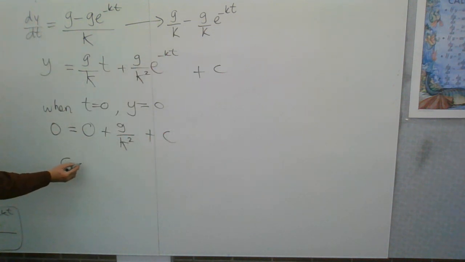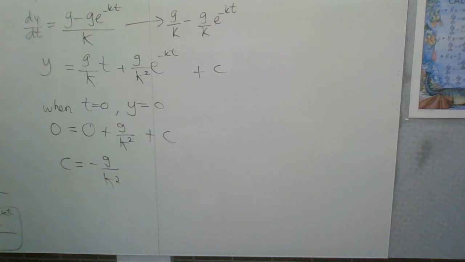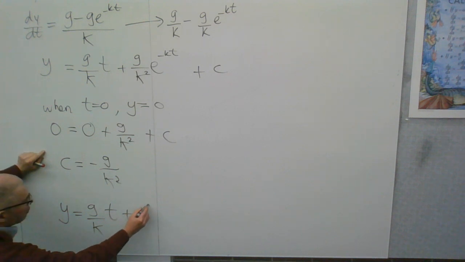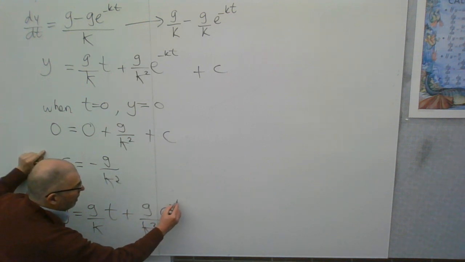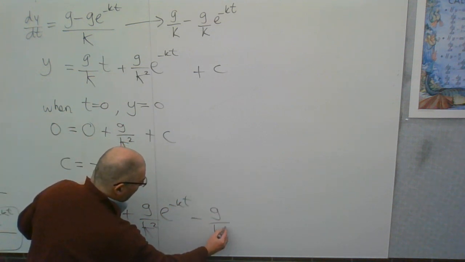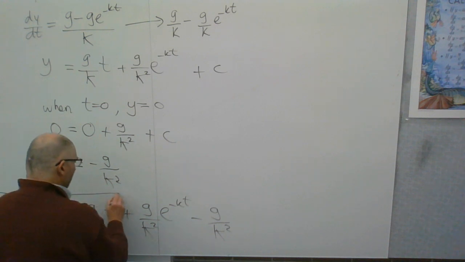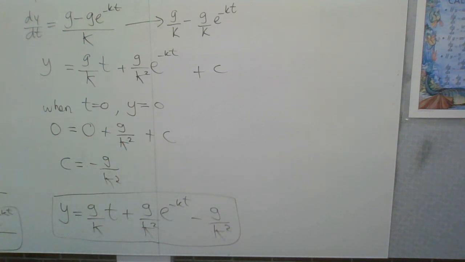So c is minus g on k squared. So my equation that I want to use is y is equal to g on k t plus g on k squared e to the minus kt, and then minus g on k squared. So there's my equation for the displacement.